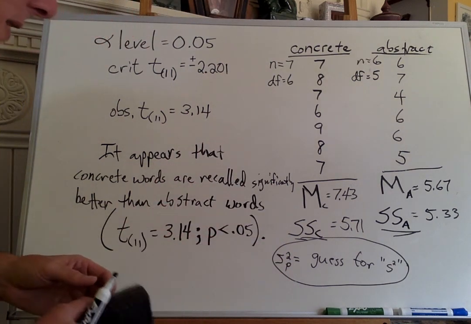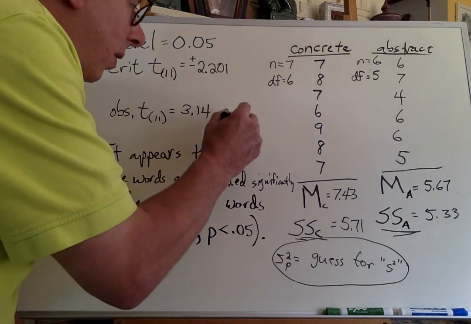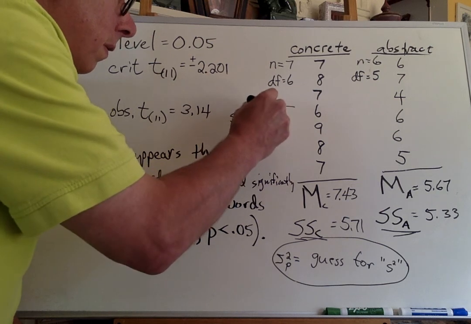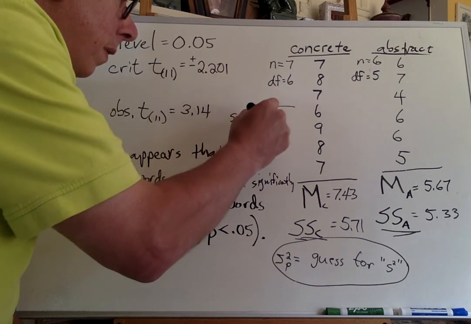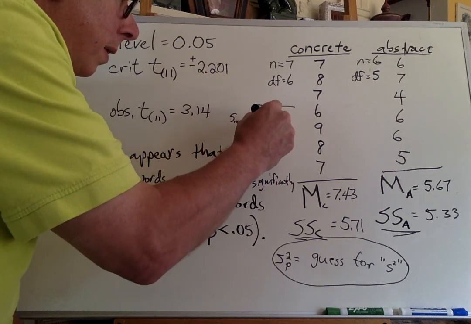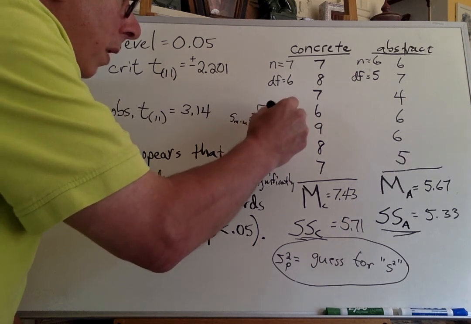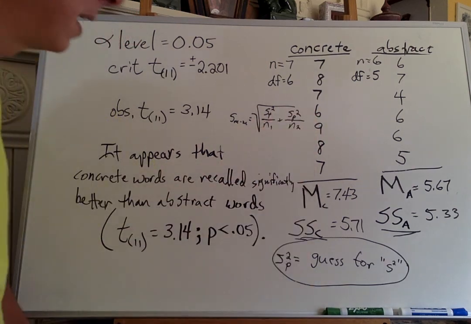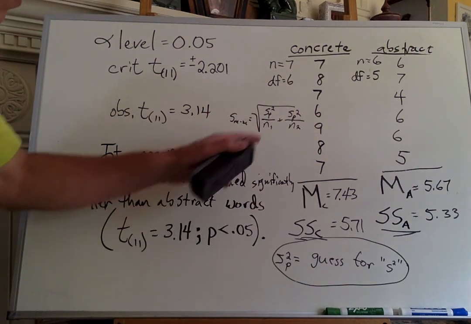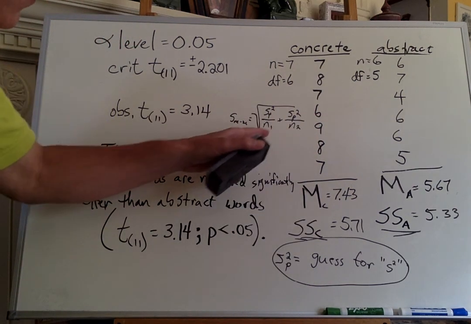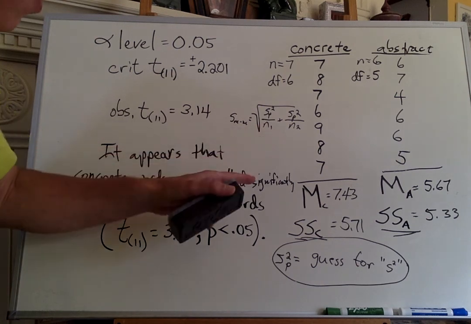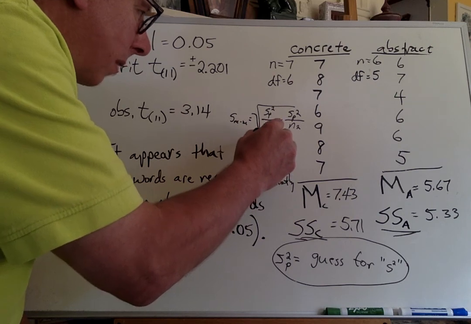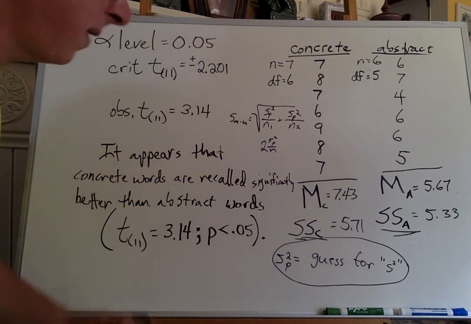Oh, makes me crazy. But if you recall this formula, right? The pooled variability over N1, the pooled variability over N2. Guess what? Right here. I mean, if you always had to have the same N, then the formula would just be 2 times sum of products over N, right?